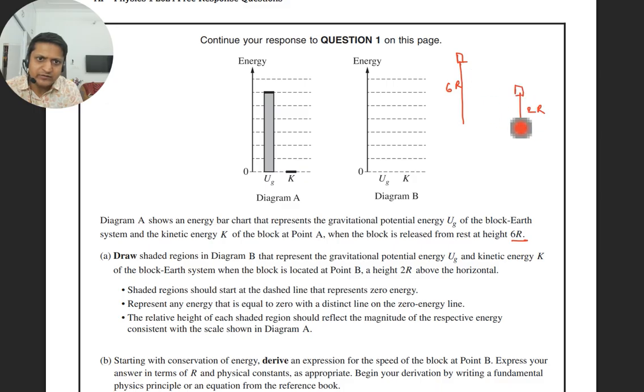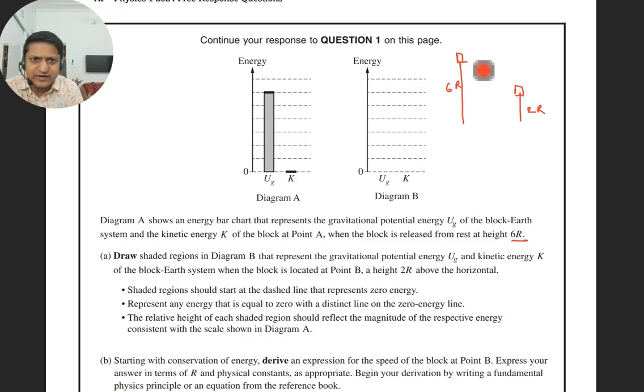So the block has reached here. Draw shaded regions in diagram B that represent gravitational potential energy Ug and kinetic energy K of the block-Earth system when the block is located at point B. Okay, so we have to draw it according to this.